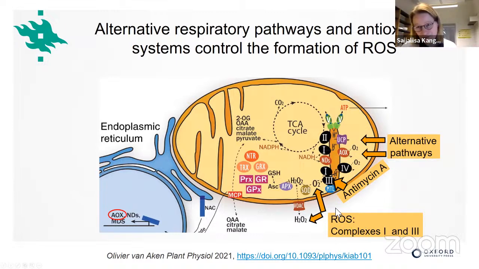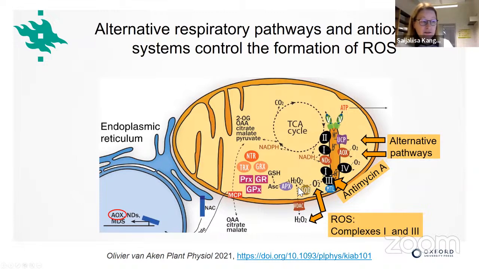Then, let's say when things go wrong, this actually happens during the normal electron transfer reactions that are taking place in the plant mitochondria all the time. But when there's some kind of an imbalanced state, for example, caused by an environmental stress condition, then especially the complexes 1 and 3 start transferring electrons to molecular oxygen, resulting in formation of superoxide in the mitochondria.